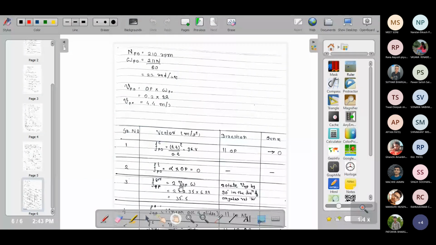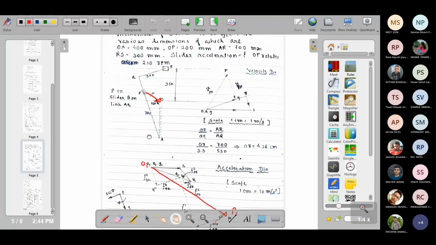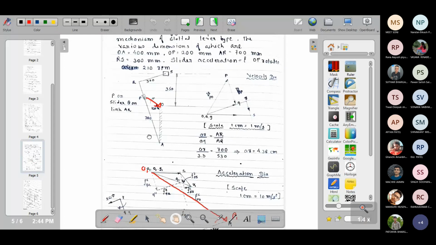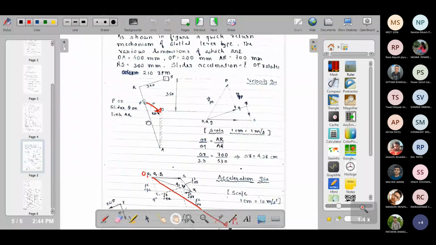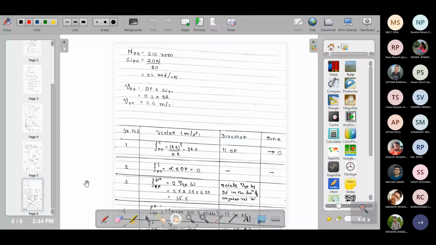Yes, sir. This vector, it is fine. Omega, it is 6. How did omega come? I think I have made a mistake. Just a minute.